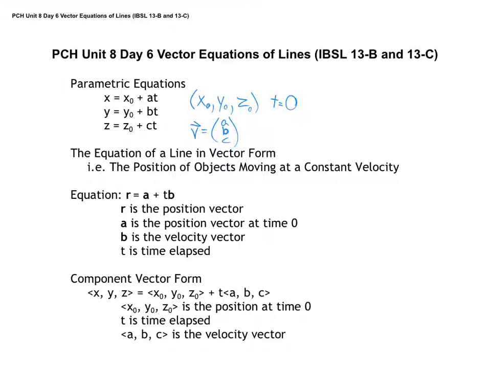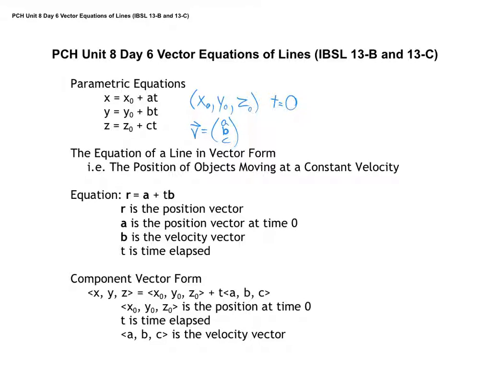Using the same vector and point, we can write our vector equation where our position vector x, y, z at any given time is found by taking our position vector when we start, x sub 0, y sub 0, z sub 0, plus t times the velocity.